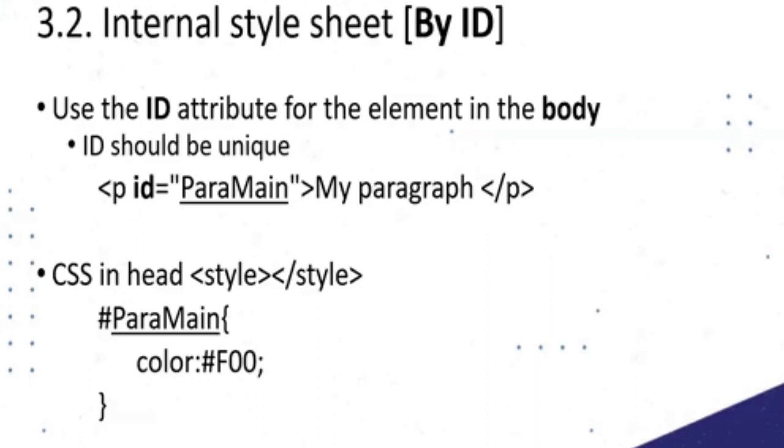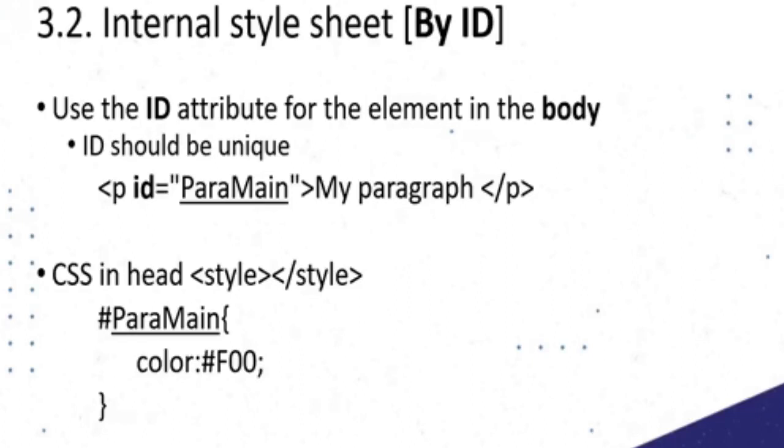So what can I do? Yes, Satish, very good. Then we come to the concept called class. Since this ID is only for one particular thing, ID is unique, it has to be used only at one place.